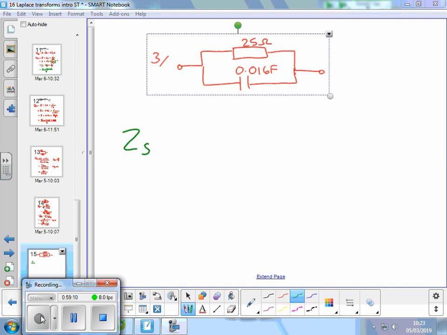Third one. Z in the S domain is, Jasmine. Didn't you? Oh, okay. Ben then.